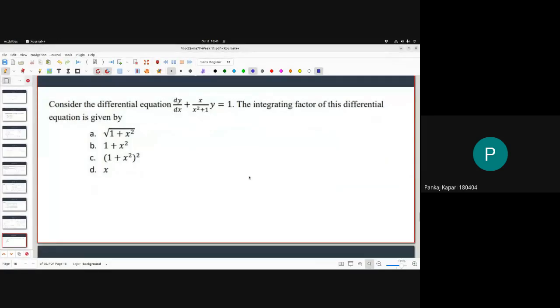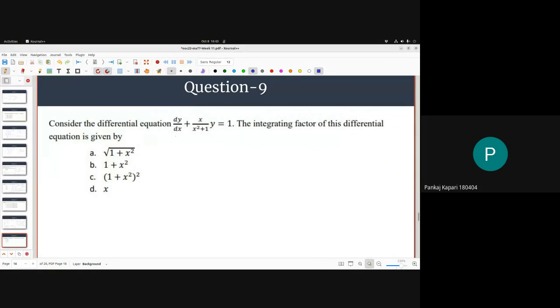Again, a differential equation is given. So this is our differential equation, and we have to find the integrating factor. Notice that this differential equation is a linear differential equation. Let's call it equation 1. It is a linear differential equation.